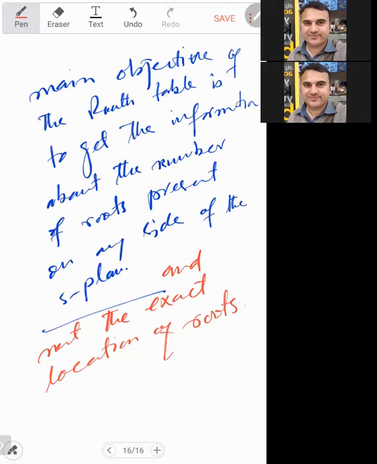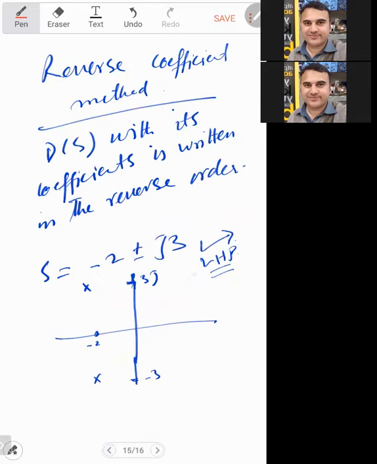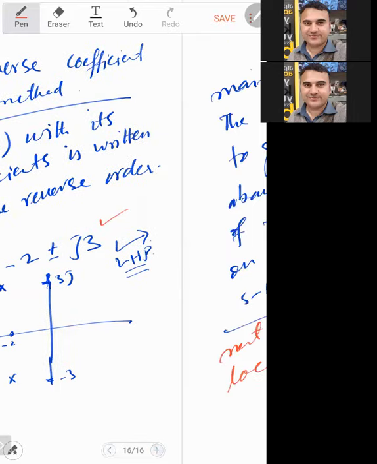So we can use that information. As stated in this example, the roots are in the left half plane. So now let us reverse the coefficient and see where the roots are.